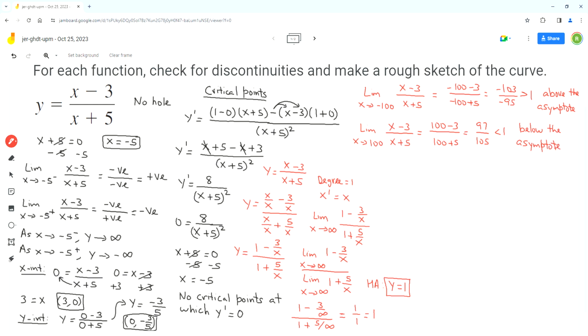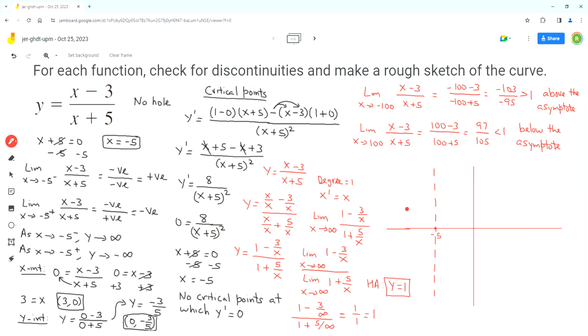Now we have to use all of these characteristics about this rational function to make a rough sketch. We can start with the vertical asymptote. The vertical asymptote is at x equals negative 5, so let's assume it's here. Now we can show the end behavior around the vertical asymptote.